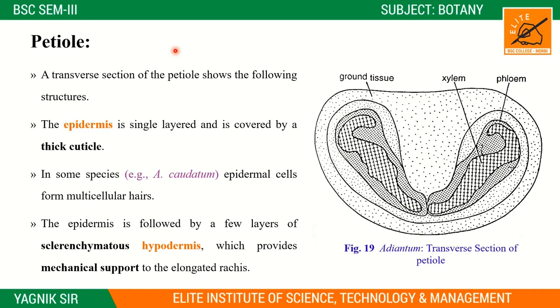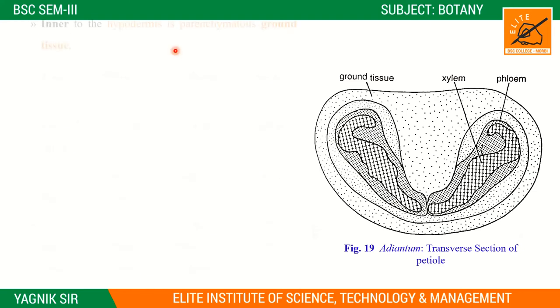After this layer, the hypodermis is present, and this hypodermis consists of sclerenchymatous tissue, right? And what is the function of the hypodermis? Only mechanical support is the main function of the hypodermis, right? And then inner to the hypodermis is the parenchymatous ground tissue, right?